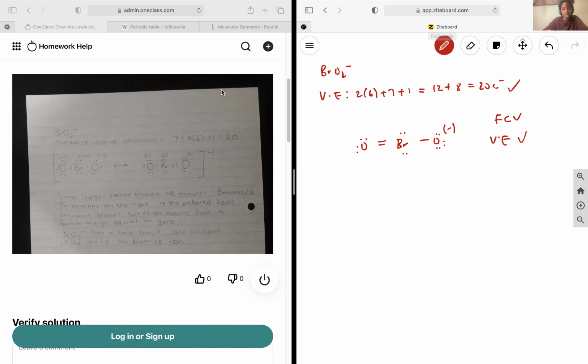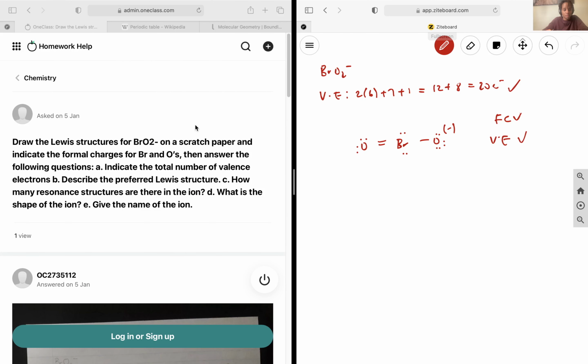And then now let's see what else they ask for. Indicate the number of valence electrons. Draw the Lewis structure, sorry. So now we need to find any resonance structures for this. This can easily be done. We can decide to have the double bond here instead of here. So our resonance structures are going to look like this.